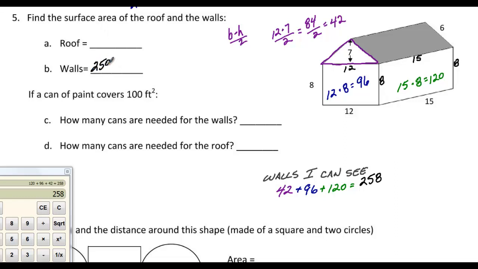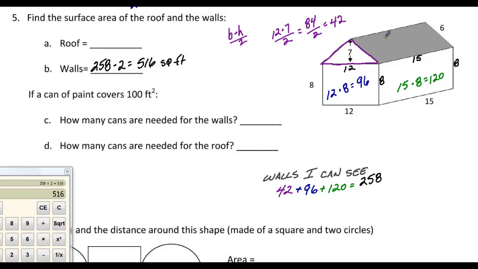So 258 times 2 for the part that I can't see gives me a total of 516 square feet of walls in this house. Now for the roof.